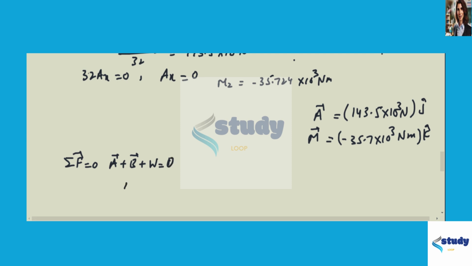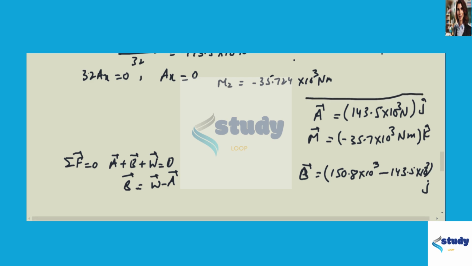So from here we can write B vector equals minus W minus A. So B vector you may write, W is 150.8 10 to the power 3 minus 143.5 10 to the power 3 J cap. So this is the answer for this problem. Thanks for watching it.